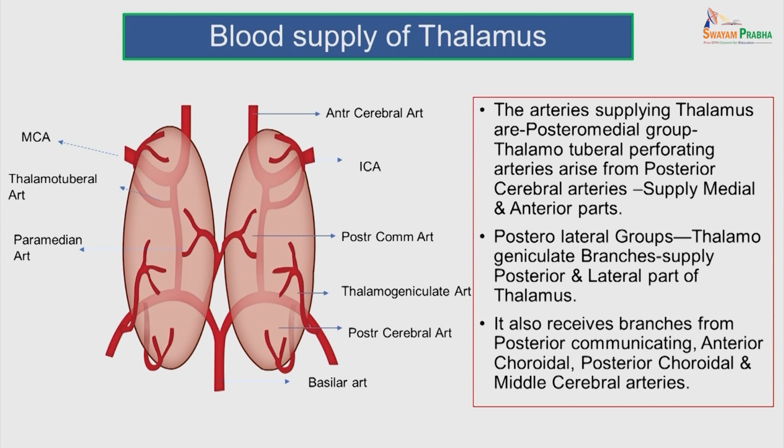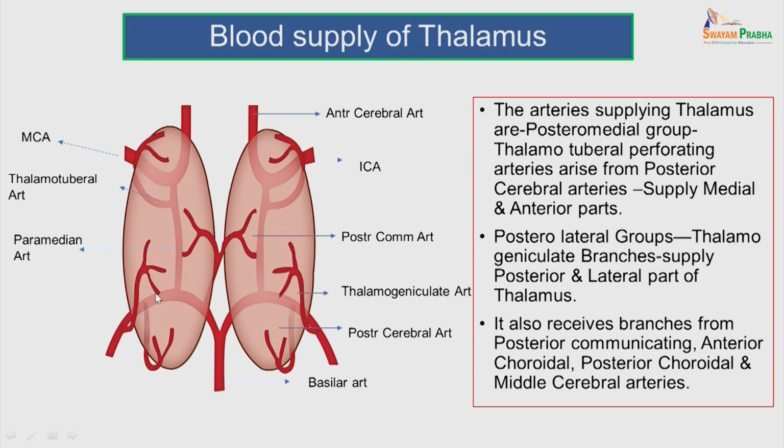Coming to the blood supply of the thalamus, it is supplied by the anterior-medial, anterior-lateral, posterior-medial and posterior-lateral groups. These arteries include the thalamotuberal artery, which are the perforating arteries supplying the substance of the thalamus on the posterior-medial aspect and supplying the anterior and the medial parts of the thalamus.